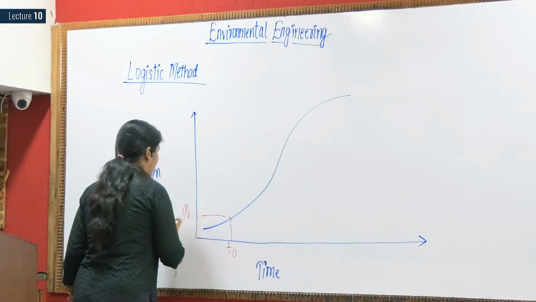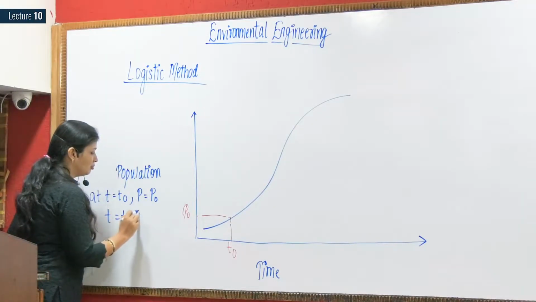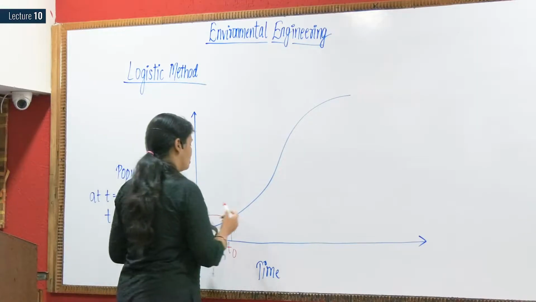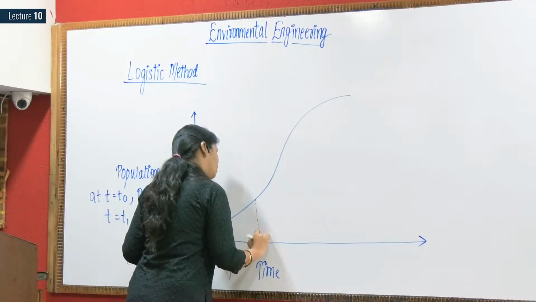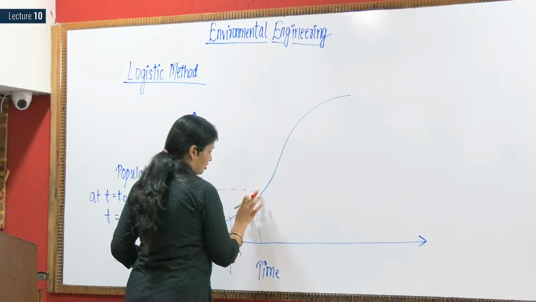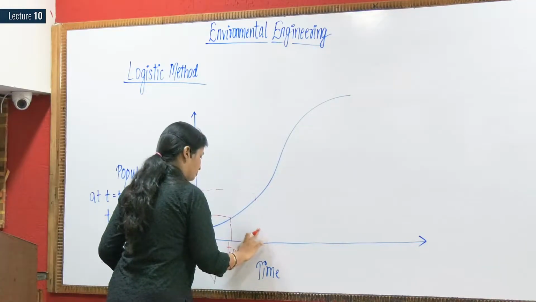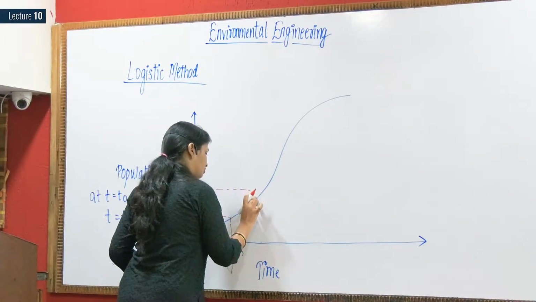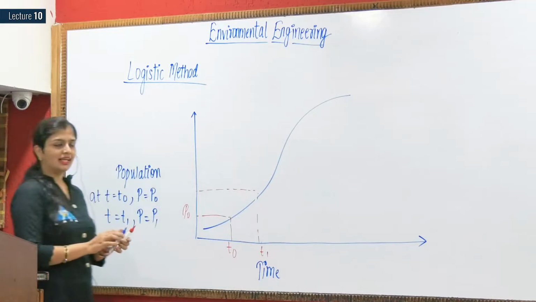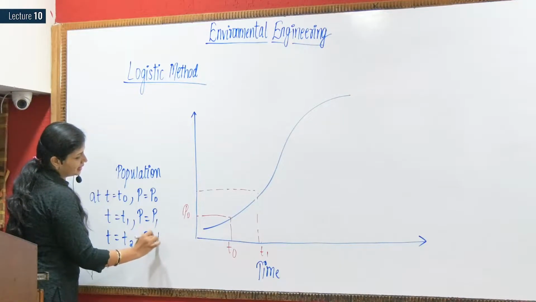This was p naught. Now, at t is equal to t1, population p is p1. This can be any numerical value; I am just taking it in terms of t and p. And last, at t is equal to t2, population p is p2.